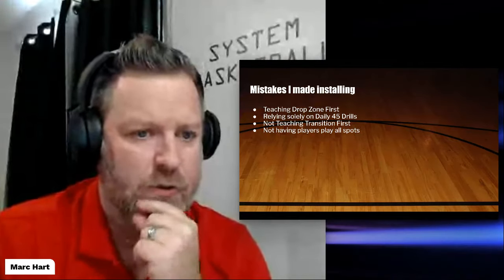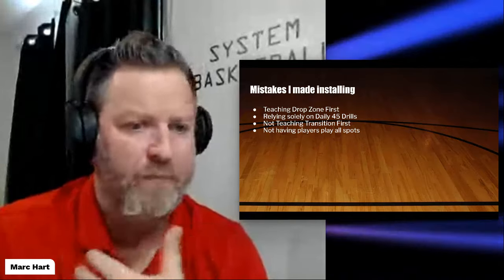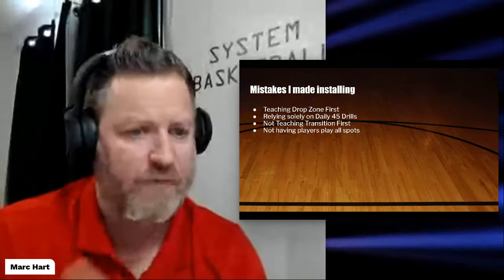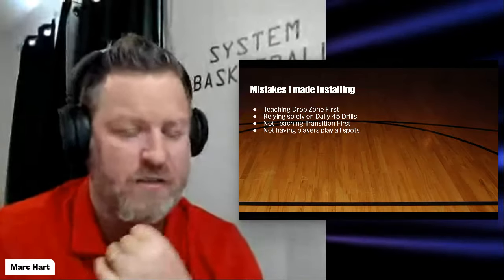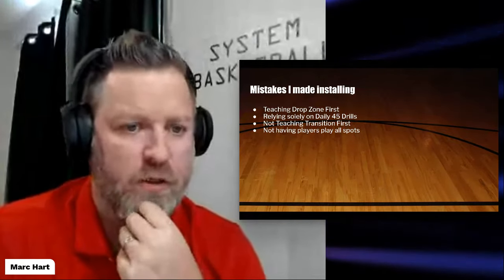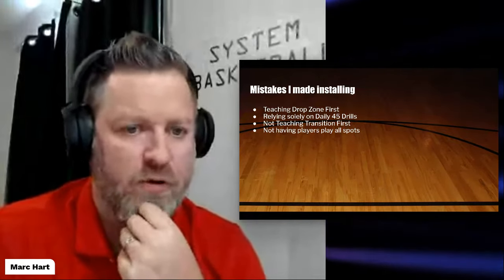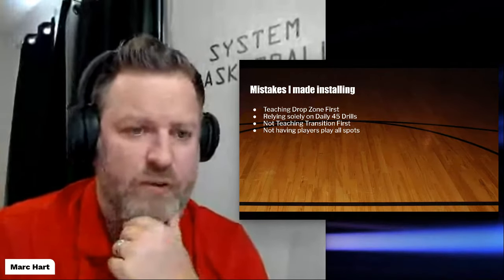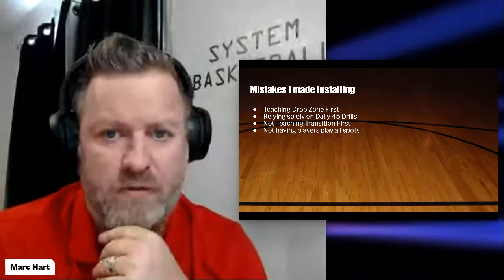If you have a point guard go down or a secondary point guard go down and you're not having your other players play those slot spots that are initiating your offense, you're going to struggle and you're going to probably want to go away from it, and it's not a good idea for you guys. So make sure that you're teaching your players all the positions and all the spots.